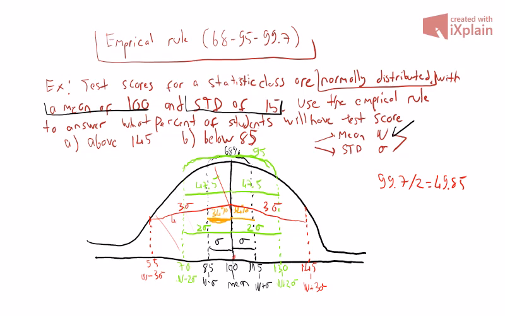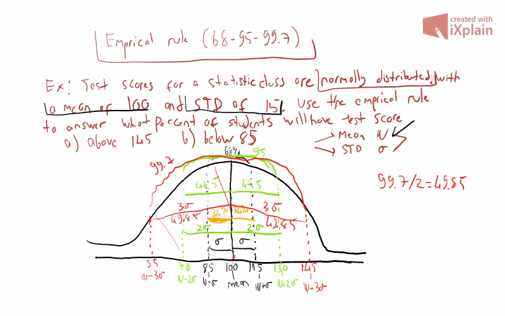Okay, so this is 49.85 here and 49.85 here. Again, since this is symmetrical, 99.7 is divided by 2. And this area here in red is 99.7%.